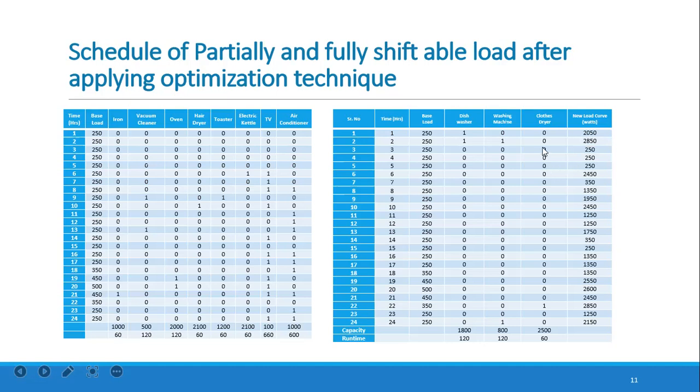But applying this technique, we got 2,050 watts at the first hour of the day. Similarly, in the second one, it was very low, around 500 something, but now it has been changed to 2,850 watts at the second hour of the day. So it has been changed from a very minimum to a medium one and from very high to a medium one also.